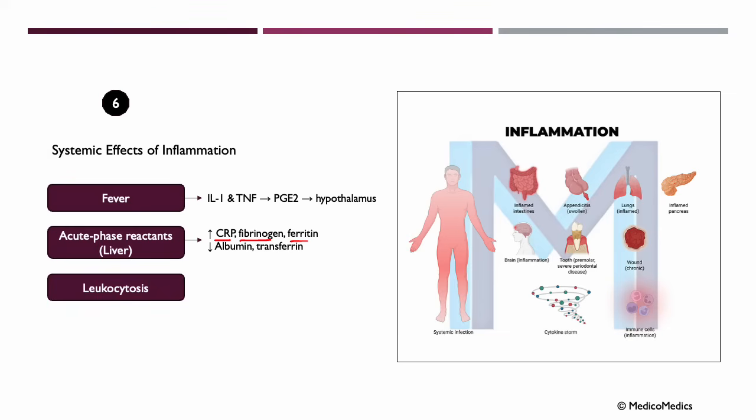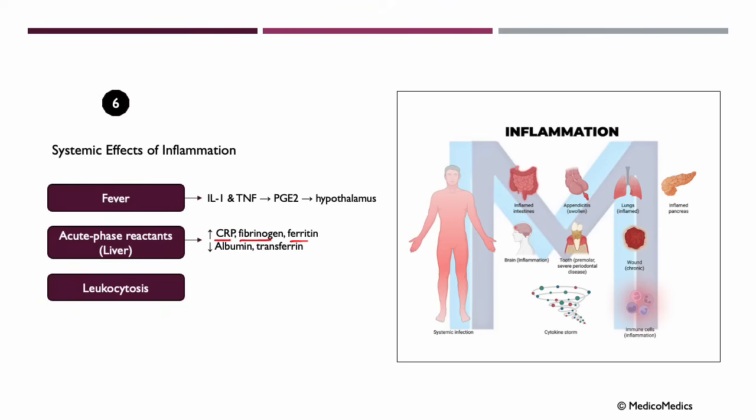Fibrinogen increases our ESR by causing red blood cells to stack. Ferritin sequesters iron to limit microbial access, so it's a sort of defense mechanism by the body.